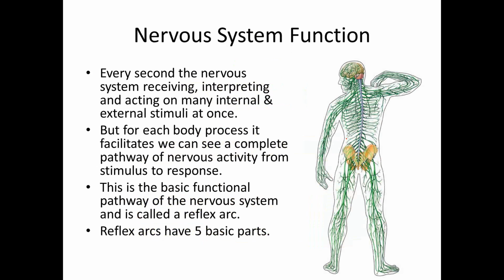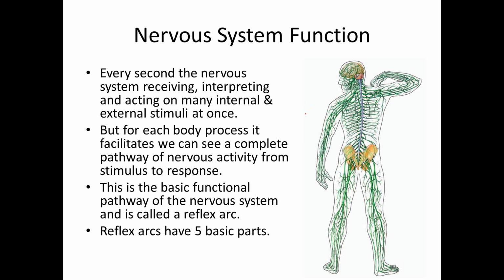Well, basically, every second the nervous system is functioning by receiving, interpreting, and acting on a whole range of stimuli from outside or inside of our body, from organs like the heart or tissues like muscle tissue. The important thing about nervous system function, just like we were talking about in our first session, is that it has a pattern.